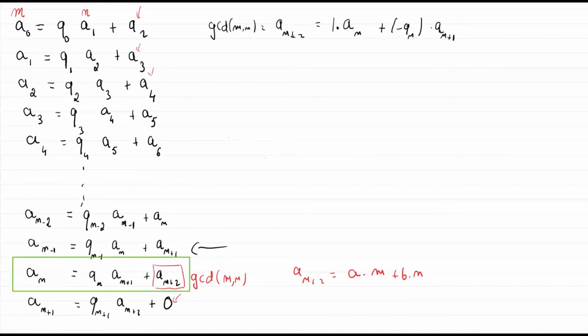From this equation, I can write the greatest common divisor, which is a_{n+2}, as something times a_n plus some other thing times a_{n+1}. And I write down here, a_{n+2} is 1 times a_n plus negative q_n times a_{n+1}. This is not yet what I want. I want a_{n+2} as something times a0 plus some other thing times a1. And I'll get there in the following steps.